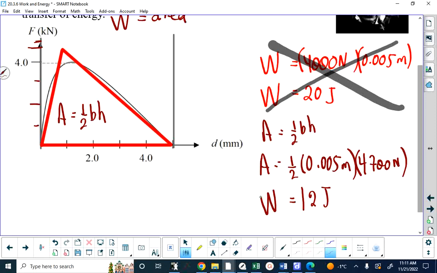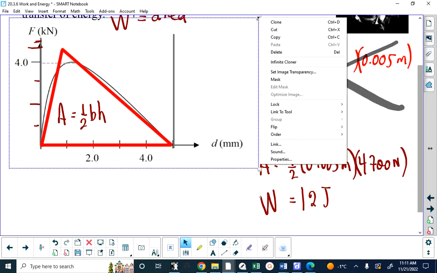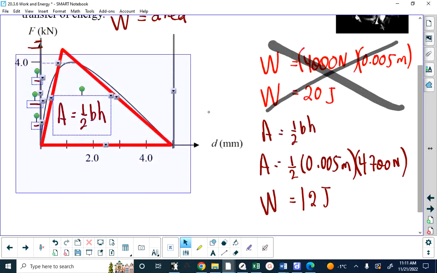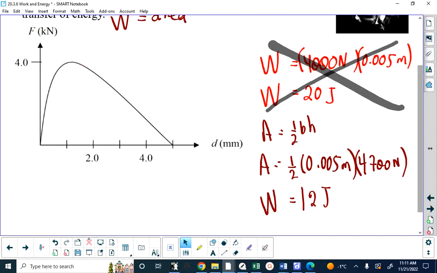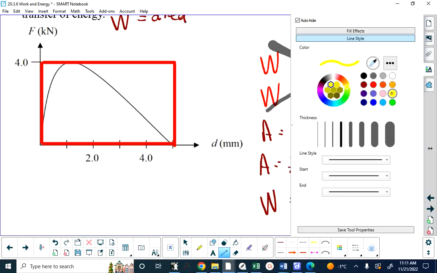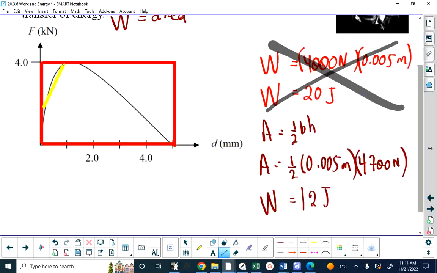So what Jay is saying, I'm going to go back to the original diagram. What Jay is saying is he would like to draw a rectangle, if I understand you right, and then take away from that rectangle this triangle.